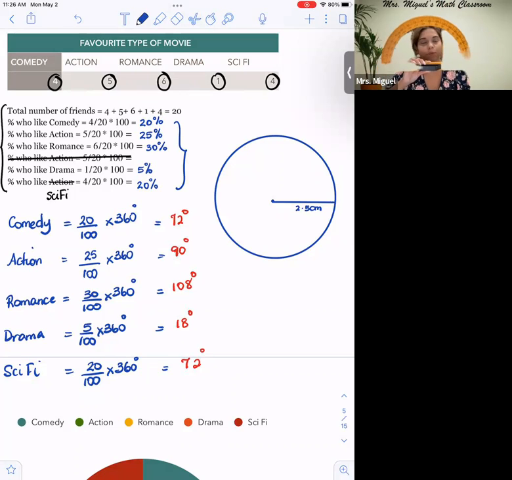So the first one we're going to draw is action, which is 90 degrees, because we know that 90 degrees is a right angle. So line up your baseline and the bubble on the radius and draw a marker that's 90 degrees on the circle. So 90 degrees will be somewhere around here, and that will meet that line exactly at 90 degrees at a right angle.